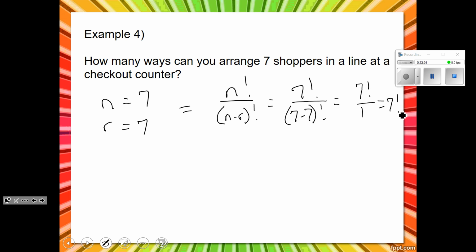And so what would it be? 5,040 ways. Any questions on why it's a permutation and why we're doing 7 with an r of 7 at a time? Because I'm choosing all 7. Are you good?